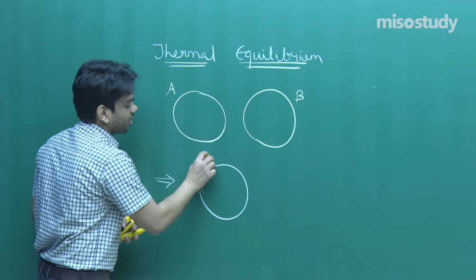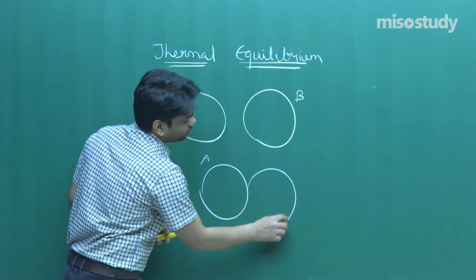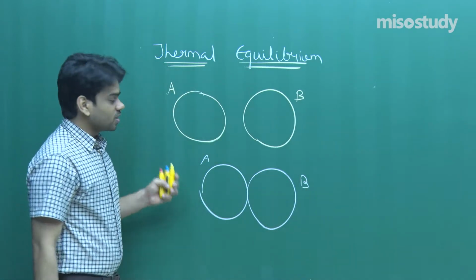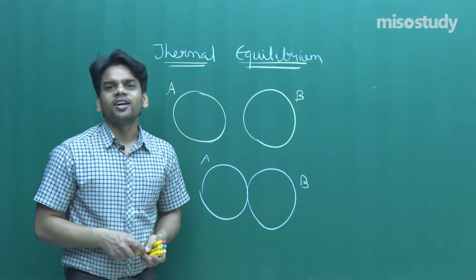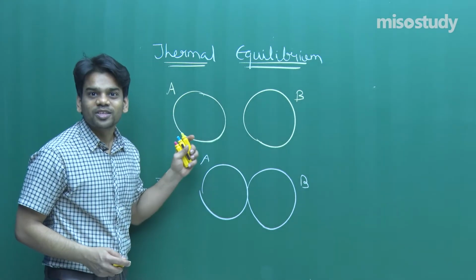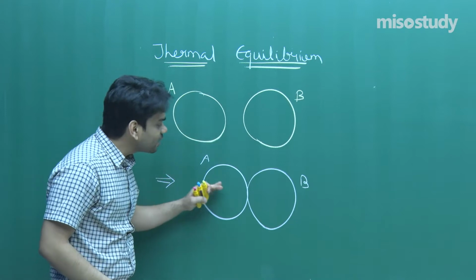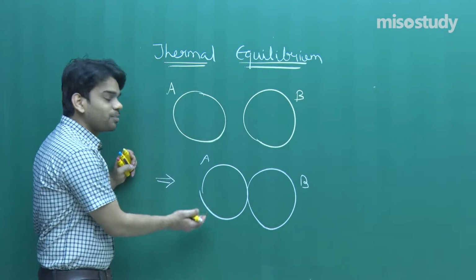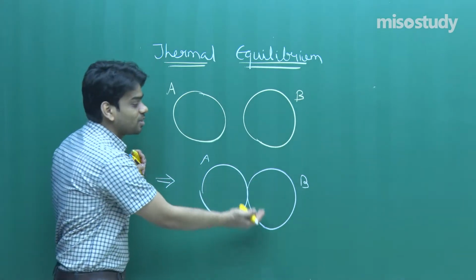Suppose initially the temperatures are different. Let's say A's temperature is higher than B's temperature. So what will happen? Heat will be transferred from A to B. That means A's temperature will start decreasing and B's temperature will start increasing.